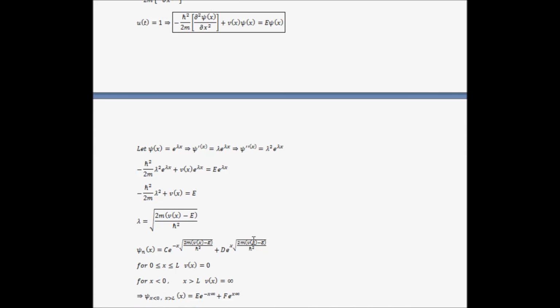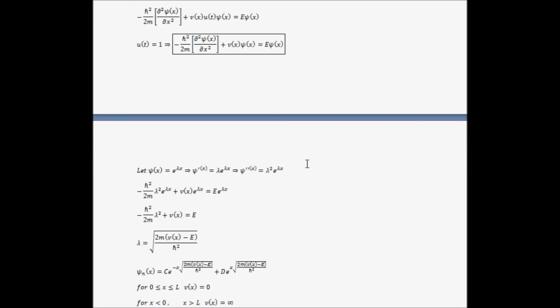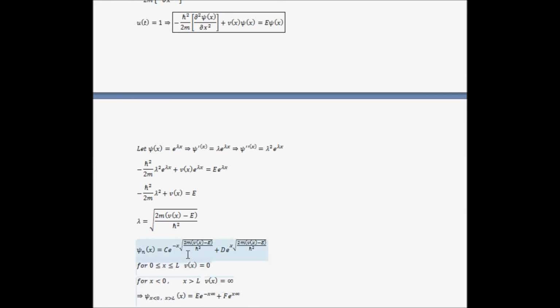So you're going to end up with solutions that go to 0, so of course you can add them together. That's fine to do. And c and d are constants, which don't affect the solution, because when you substitute them back into this equation, the constants are not going to be affected by the differential operator. So there are two solutions, the negative one and the positive one, and they can be added together in some combination.